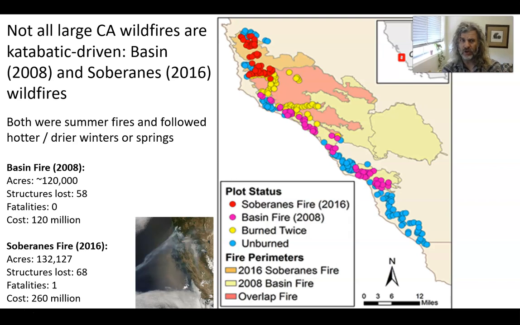In this example, Soberanes and Basin fires, they're both summer fires, and they followed relatively hot and dry winters, or hot and dry springs and summers. Also staggering in terms of the scale at which they impact the landscape, and substantial costs involved in these. Just staggering.